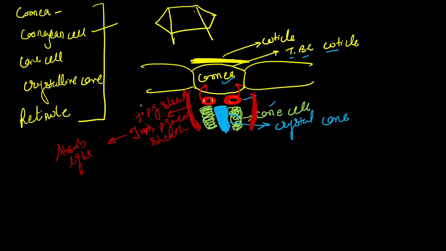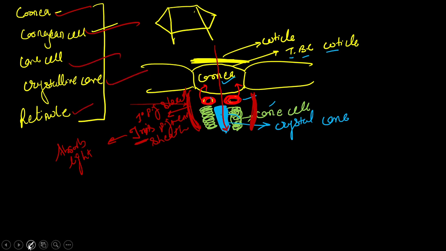You tell me, if light is falling from this side, will it be able to enter the ommatidia? No, it will be absorbed at the level of the iris pigment sheath, right? So the light passes through the cornea, goes to the crystalline cone, and then goes beyond that. So this much is clear: cornea, cornegen cell, cone cell and crystalline cone are clear to you, right?